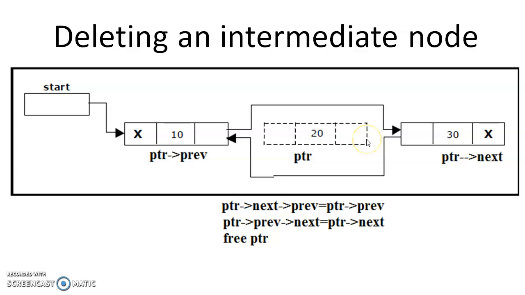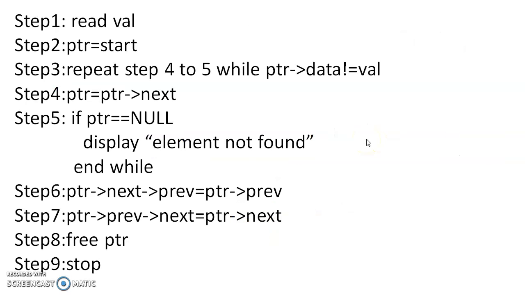We are deleting an intermediate node. See here, we are reading the value of the node which we want to remove. The pointer starts at start, and we repeat these two steps while the pointer of data is not equivalent to value. If the pointer of data is not equivalent to value, I go to the next node.